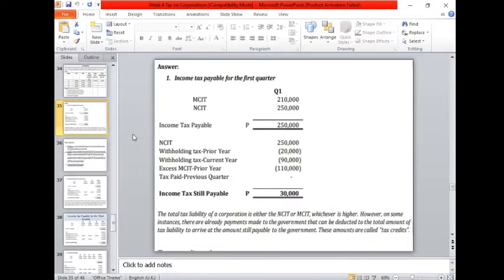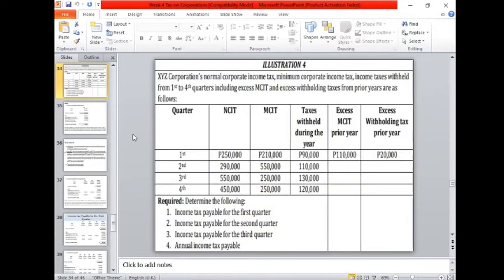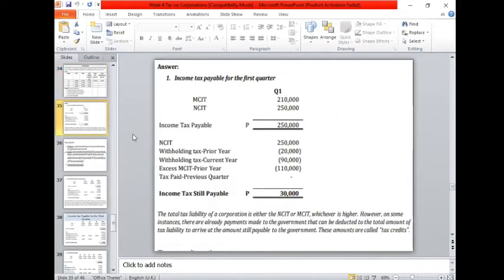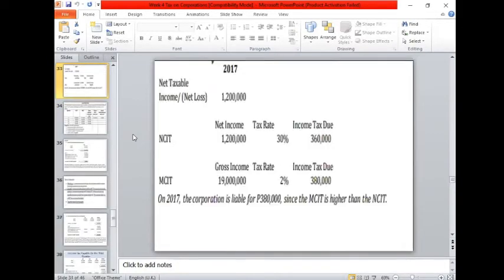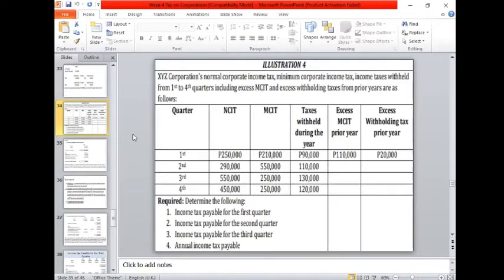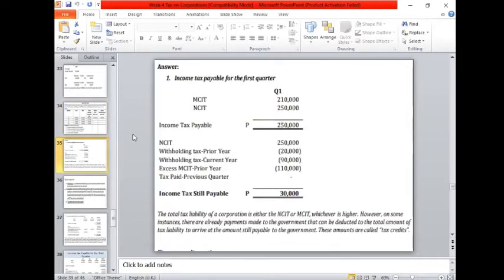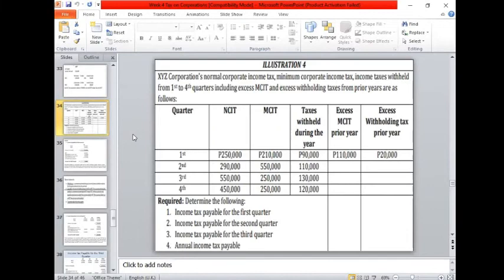And then less, based on the given data, the withholding tax prior to the year, which is 20,000, on the first quarter, and then the withholding tax at current year, that is 90,000, and the excess of the minimum corporate income tax prior to the year, which is 110,000.